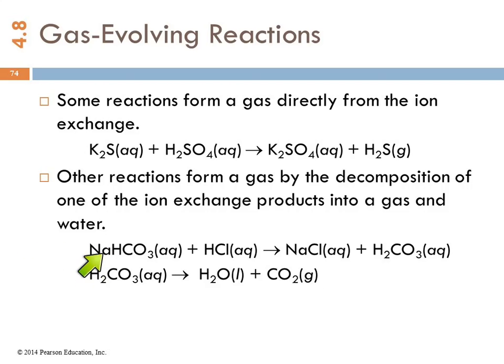If we mix sodium hydrogen carbonate, which is baking soda, with an acid like hydrochloric acid, or it works with acetic acid as well, we get an exchange. The hydrogen exchanges with the sodium. We end up with sodium chloride, and what would we call that?